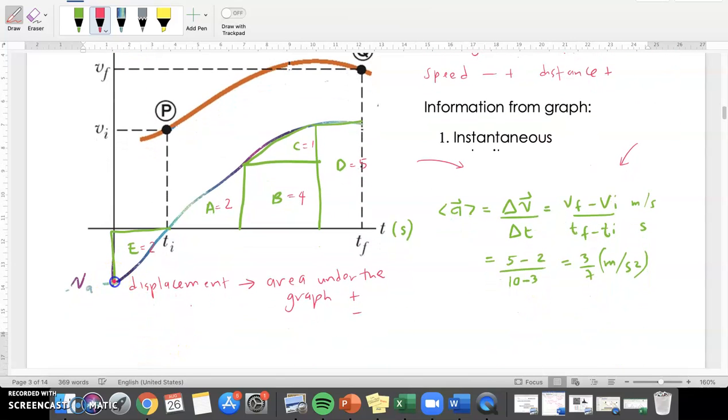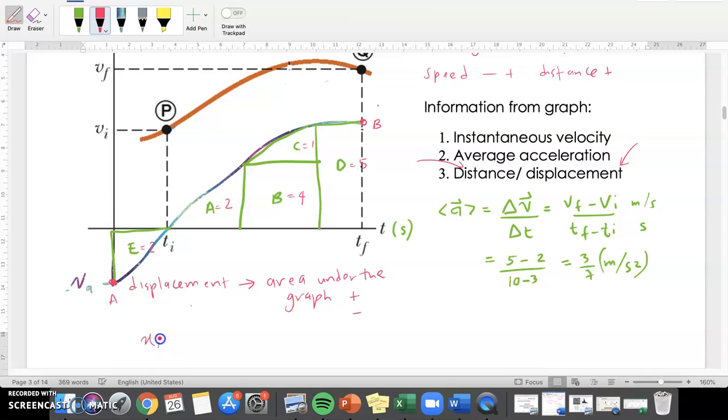Let's say this is point A and this is point B. The displacement from point A to point B is the area under the graph, which is A plus B plus C plus D minus E. You have to subtract the area that is below the x-axis, and add the area that is above the x-axis. Okay? We're going to take a look at an example later, so don't worry about that.